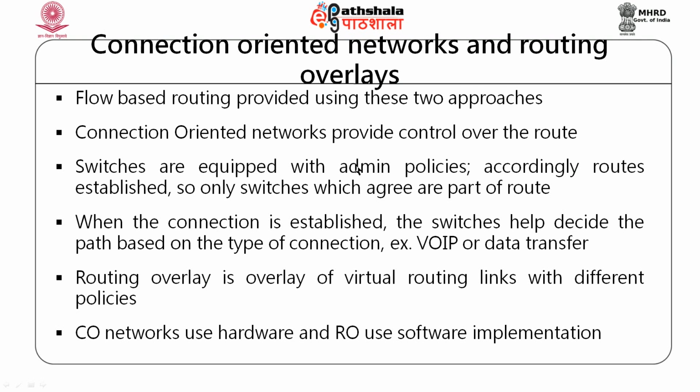Okay. So, connection oriented networks and routing overlays are two things which solve this problem. Flow based routing is provided using these two approaches. Connection oriented networks means you establish the connection beforehand. Every switch in the middle agrees to what we want, and then we establish the connection, otherwise we will not establish the connection. Okay.